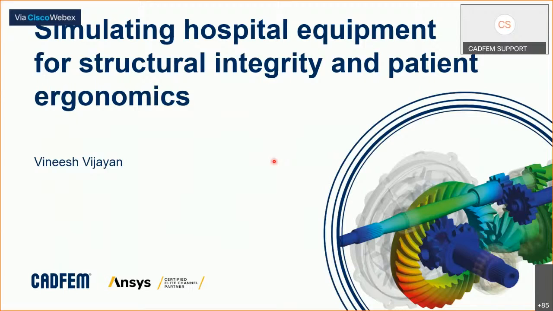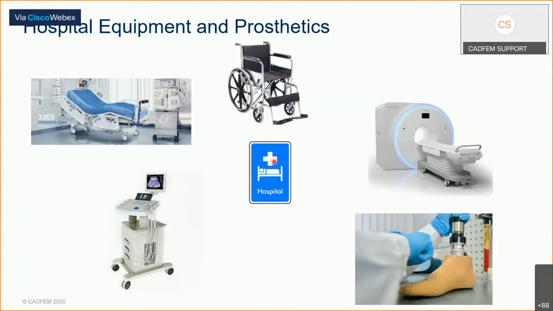Coming into our topic today, what I mentioned before was in a general aspect, and today's topic is majorly how simulation can help with respect to hospital equipment, right? There is a lot of hospital equipment like wheelchairs, MRI scanners, prosthetics, other scanning equipment, and bed chairs.